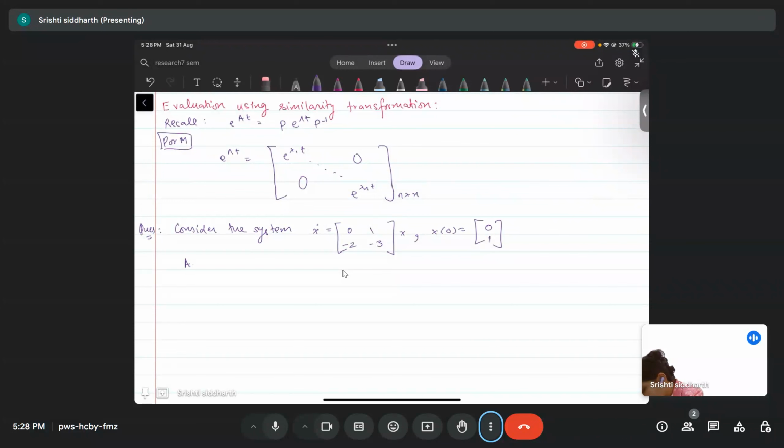So let's find the eigenvalues first. The eigenvalues would be given by the determinant of A minus lambda I equals 0. This is [minus lambda, 1; minus 2, minus 3 minus lambda]. So just expand this: lambda times (3 plus lambda) plus 2 equals 0, which gives us lambda square plus 3 lambda plus 2 equals 0.